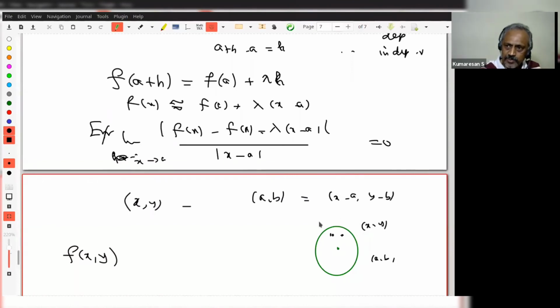Therefore, I must be able to approximate this by a first degree polynomial in the variables x minus a and y minus b. And the error should go to 0 faster than the distance between (x, y) and (a, b).